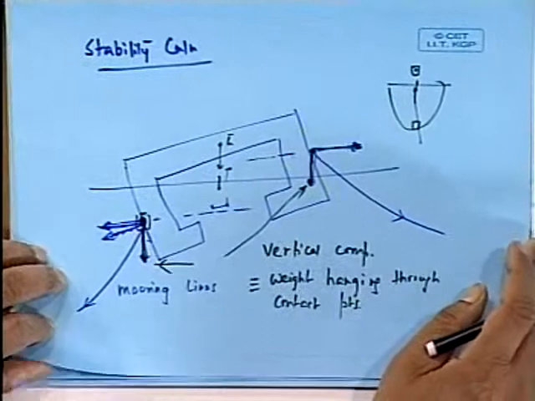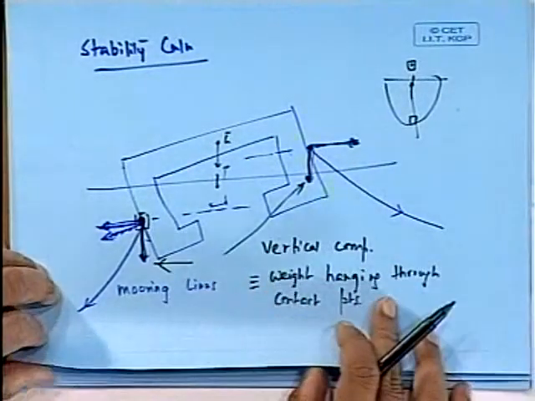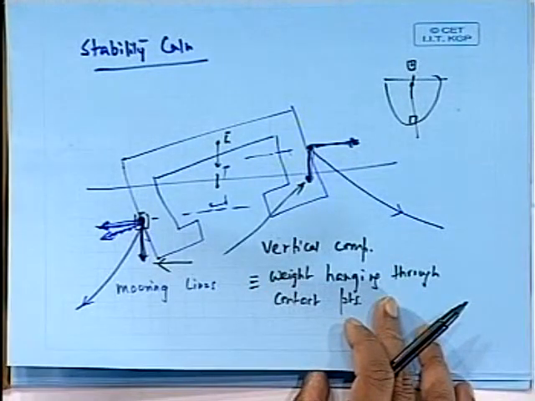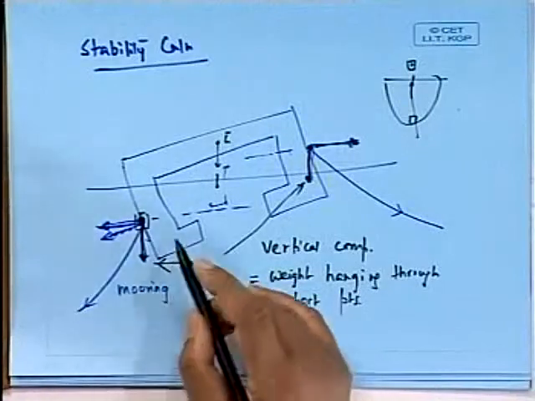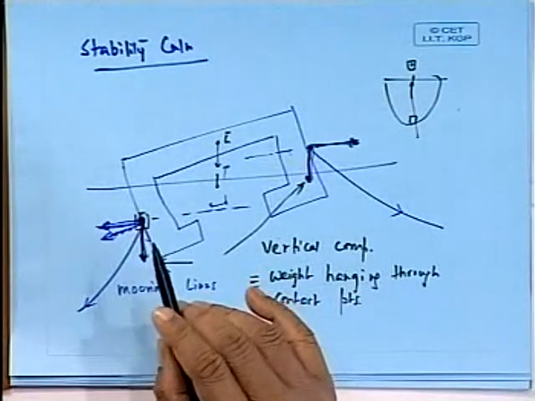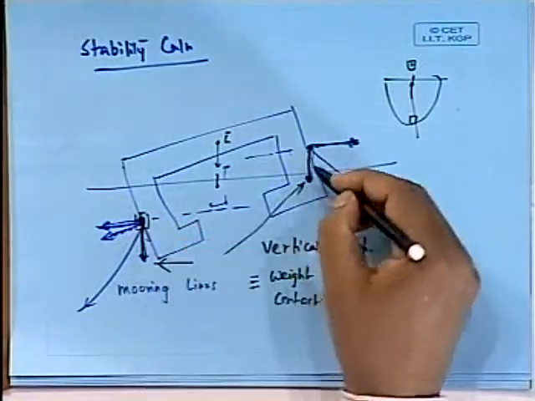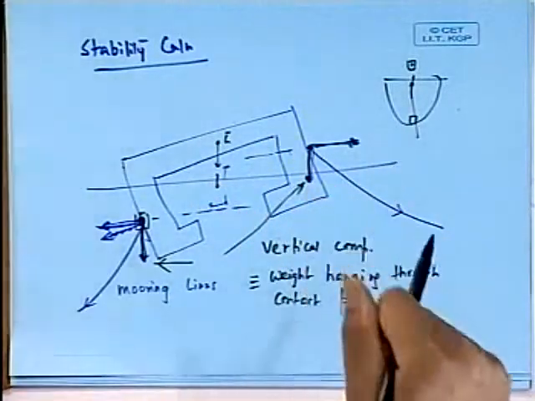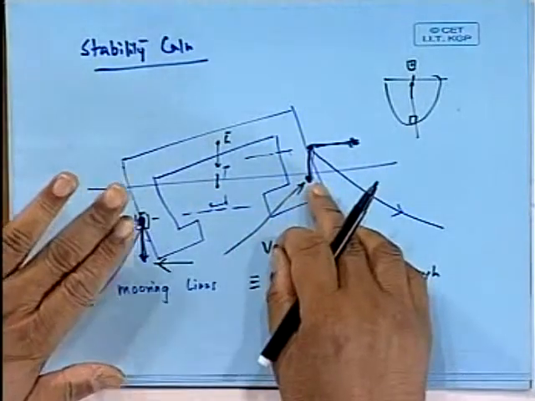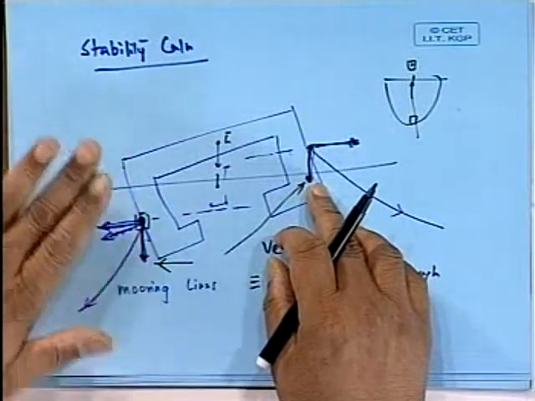Normally, to be conservative, most of the societies and regulatory bodies recommend that you don't use them, because they are anyhow going to help you make it more stable. So for the worst scenario, don't consider them. But what is important here is that the mooring line causes a factor as if it is trying to push down, or the mooring line forces are to be considered as a hanging load.